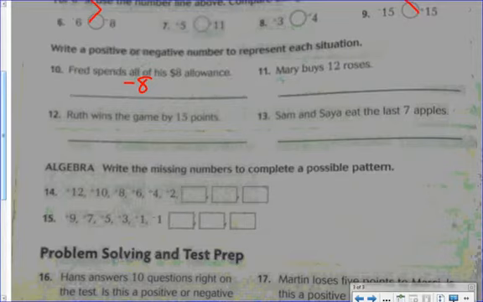All right, let's take a look at number 13. Sam and Saya eat the last 7 apples. So we had 7 apples and they ate them all. You're minusing 7, so it's going to be negative 7 apples.